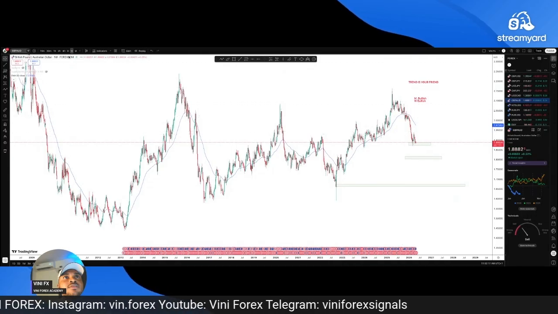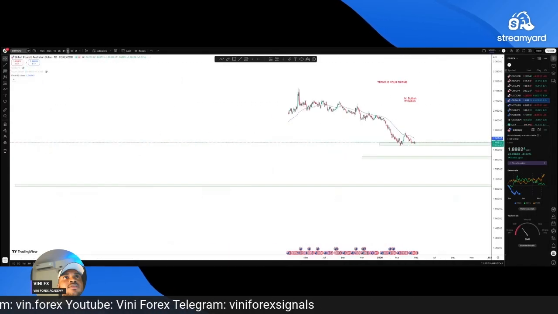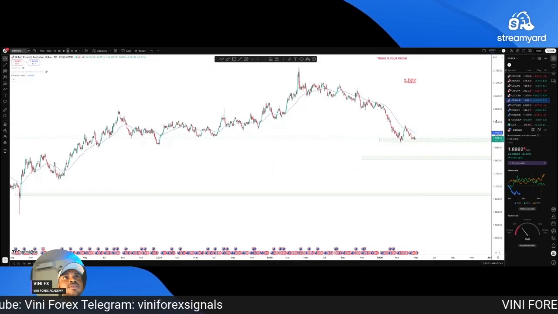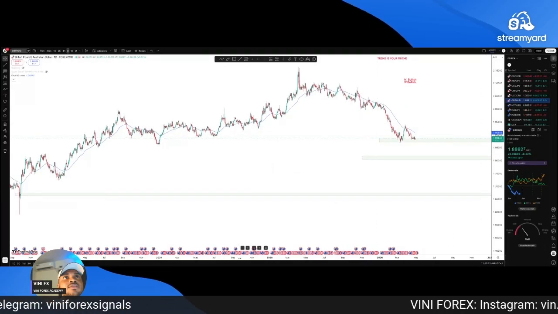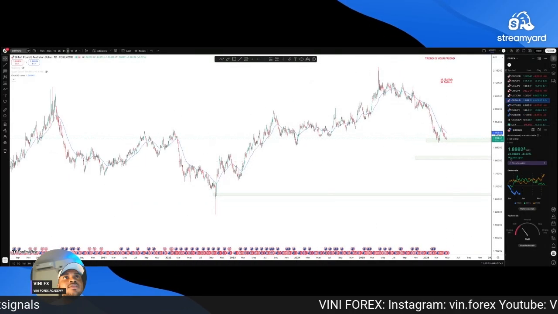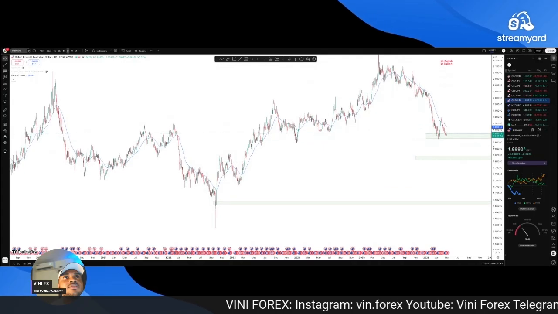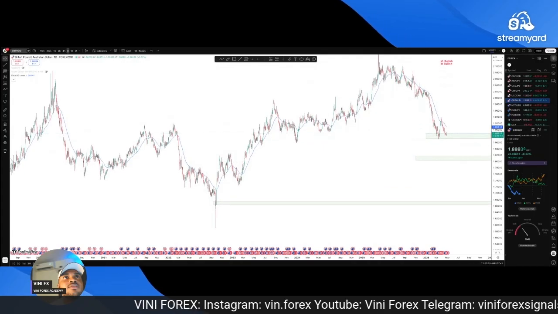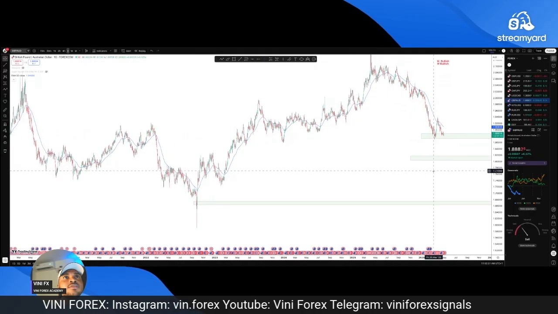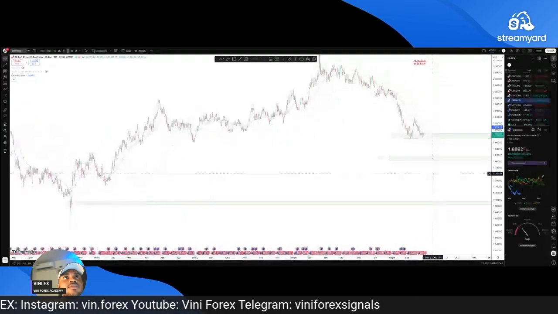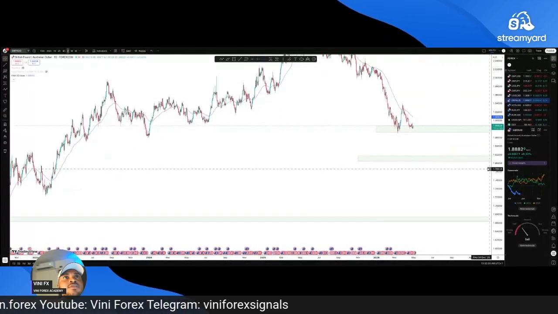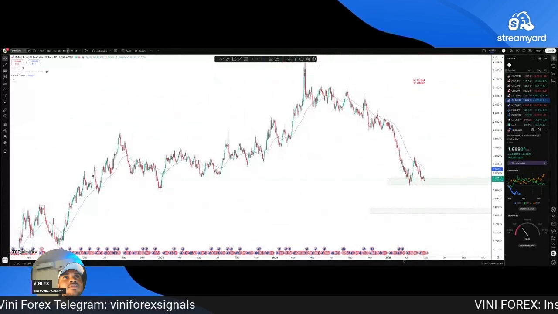That's just that. Then the daily time frame right now, you can see we are simply doing what we call top-down analysis. We start from the higher time frame, then we descend gradually to the lower time frame while bearing in mind what the market is doing on each time frame.